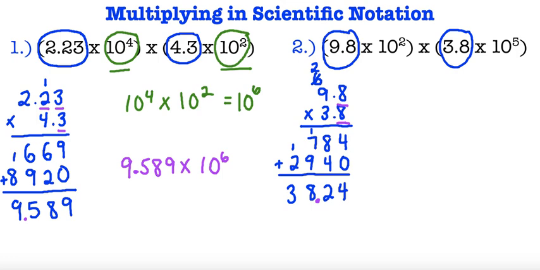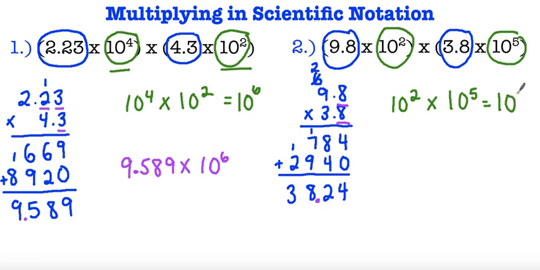And now I'm going to multiply my 10 to the power of 2 and 10 to the power of 5. And remember, when we're multiplying with the same base, we add our exponents, so I end up with 10 to the power of 7.